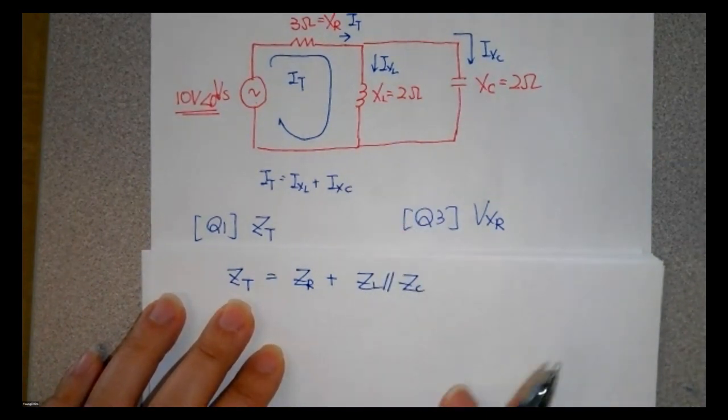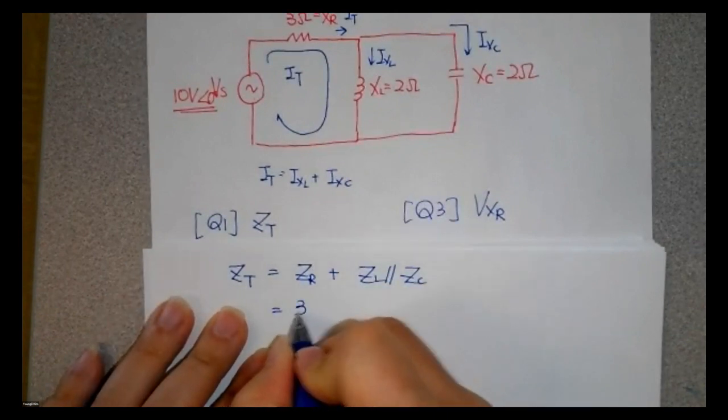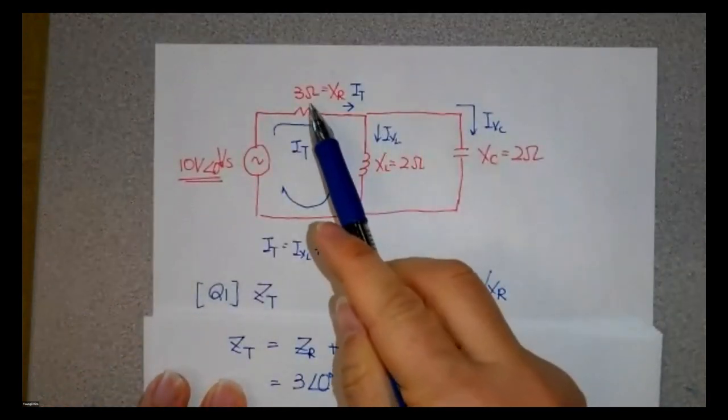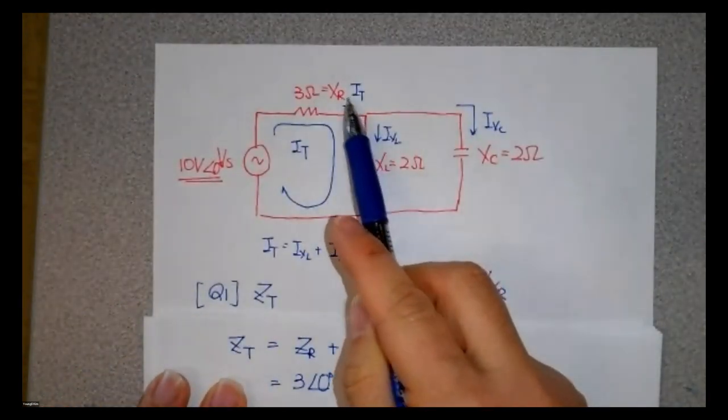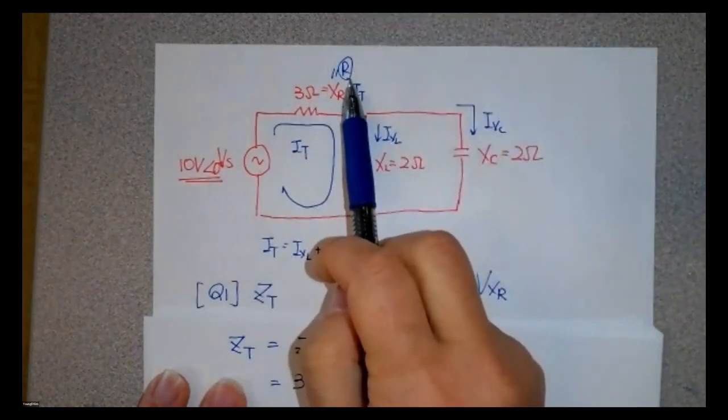So what is the G sub R? The G sub R is 3, angle 0. Why? Because here, 3 ohm is the reactance for the resistor. Actually, that is the same for the resistor here, right?